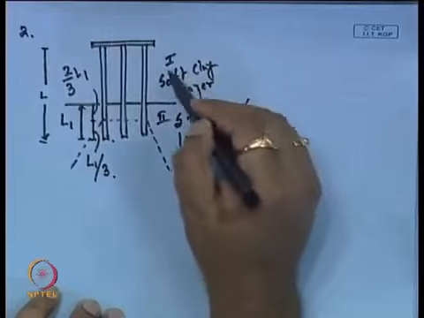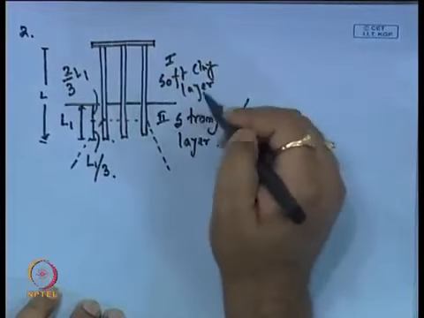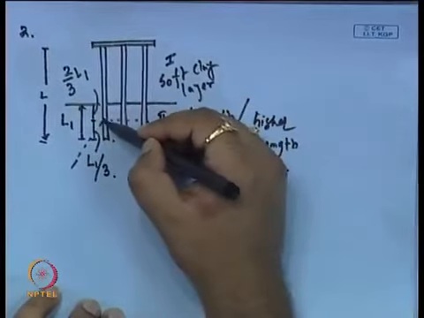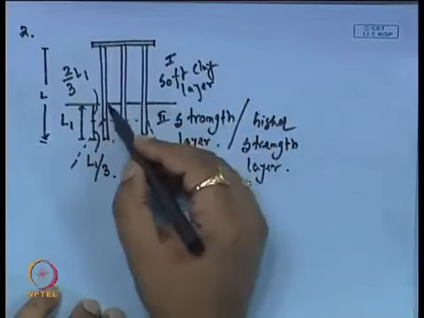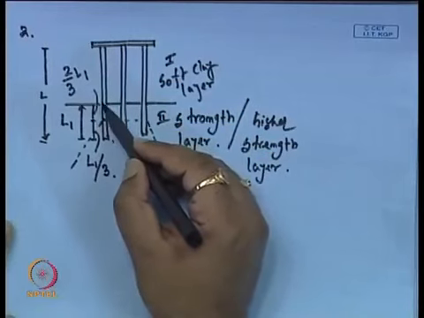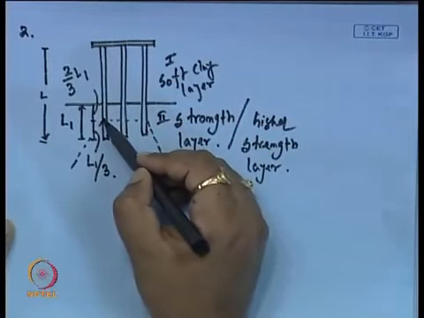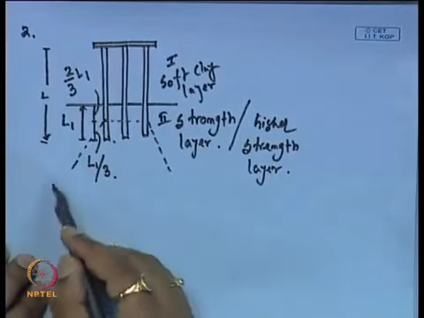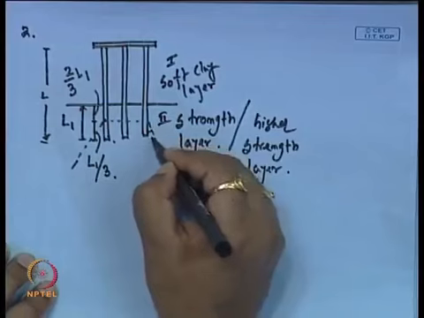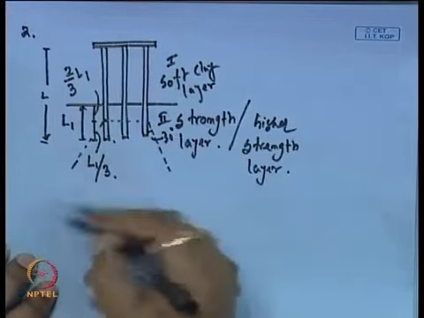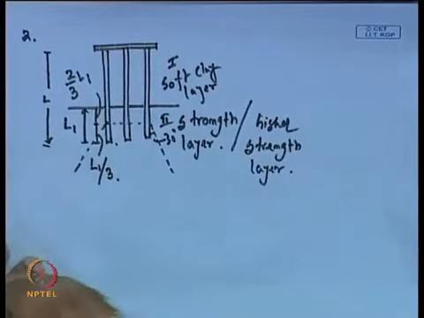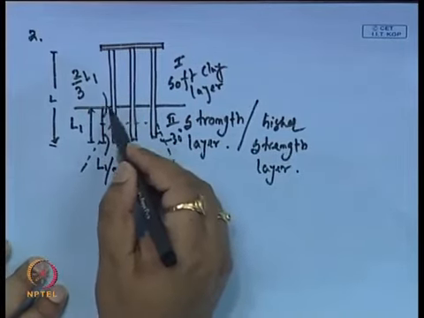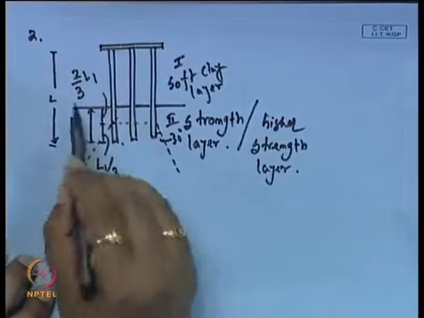Now, if the upper layer is soft and the lower layer is the higher strength layer, then the distribution level will start at 2/3 of the length within the top of the stronger layer. From that point, the distribution is the same 2:1 distribution, or at an angle of 30 degrees, and the process is the same as I have discussed for the first case. So, the only difference here is that it is 2/3 of L_1, not 2/3 of the total length.